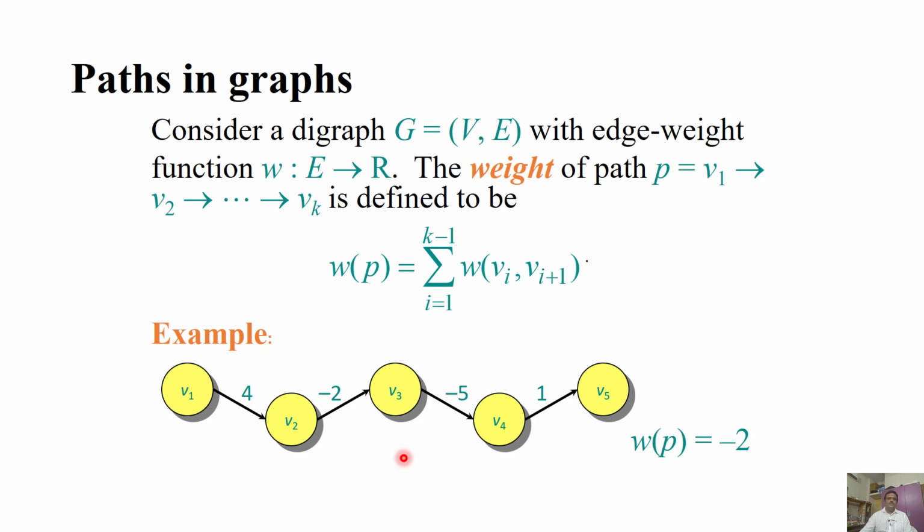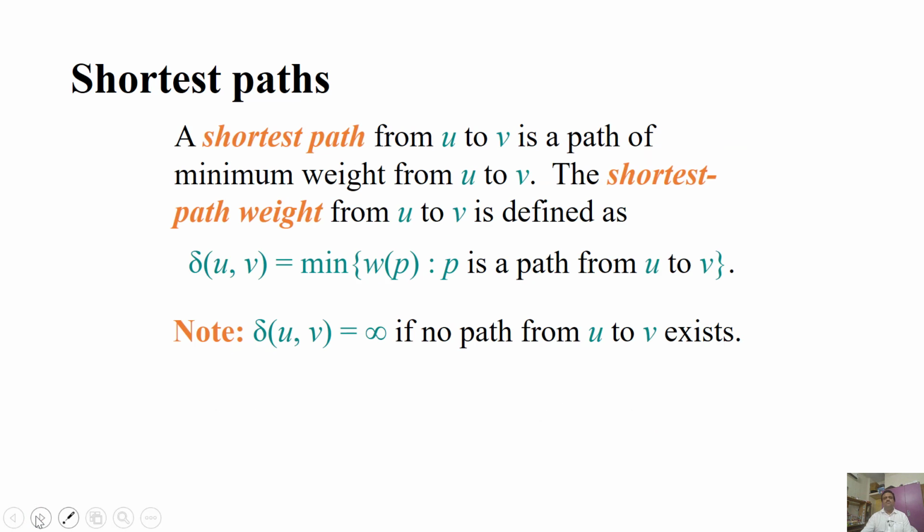Okay. Now we define what we mean by the shortest path between two vertices u and v. Suppose we have two vertices, u and another vertex v, in the graph, any two vertices. Now, there could be many paths from u to v, or there may not be any path from u to v, that is also possible.